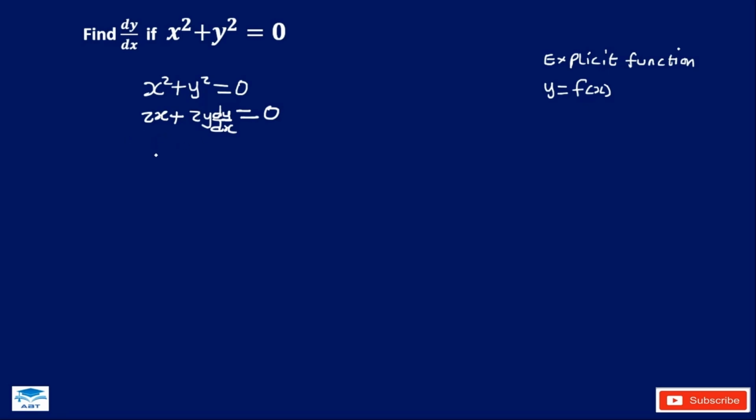Okay, so the next thing, we are going to make dy dx the subject. So we keep 2y dy dx here and send 2x to the other side of the equation. That's minus 2x. Then we divide through by 2y dy dx.